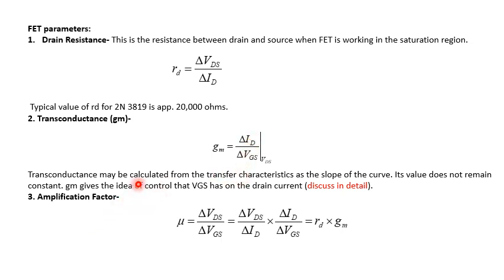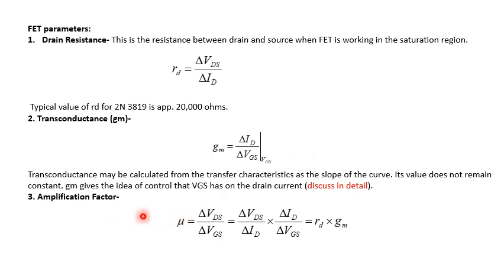Transconductance can be calculated from the transfer characteristics as the slope of the curve, delta ID upon delta VGS. For different parts of the curve, the slope is different because it is part of a parabola. Therefore, the value of GM is different if it is calculated from different portions of the transfer characteristics.